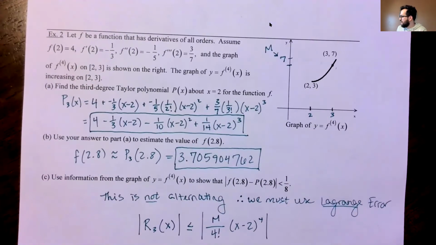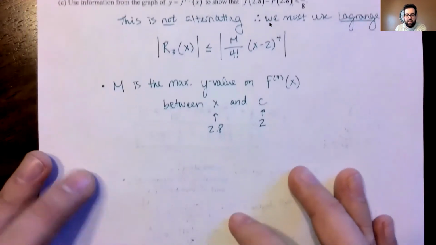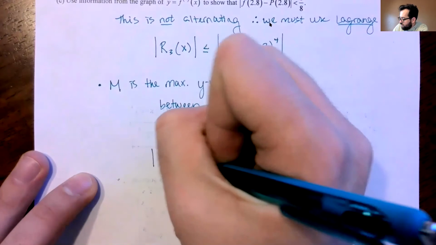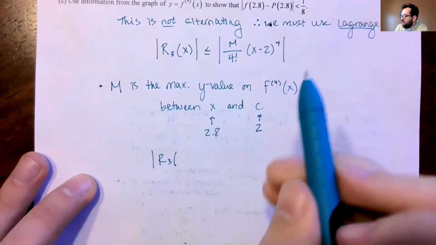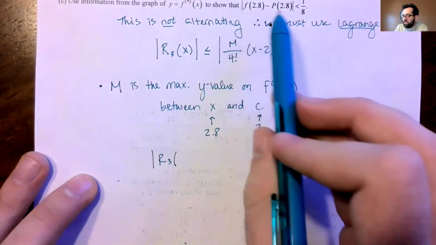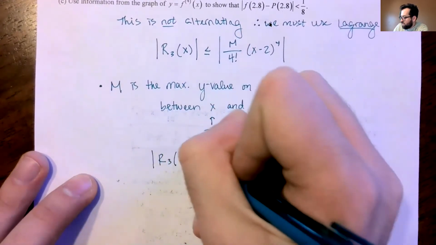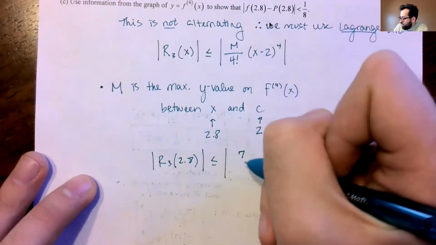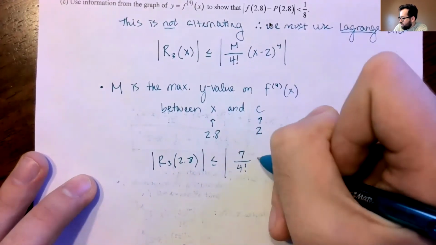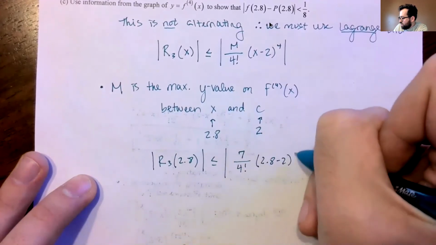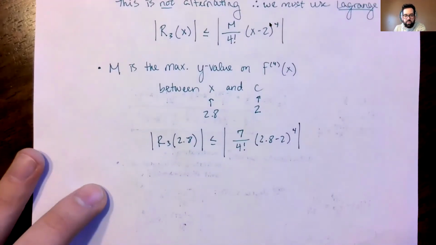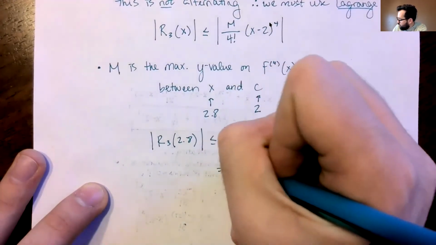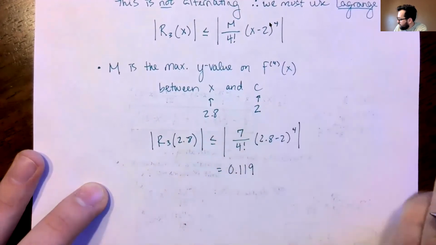Okay, so we're going to have to use 7. And now we could say that for the remainder, the x that we're plugging in is 2.8. So I'm going to plug in 2.8 for x, 7 for M. Okay, so I'm going to type that into my calculator, and when I do that, I get approximately 0.119.